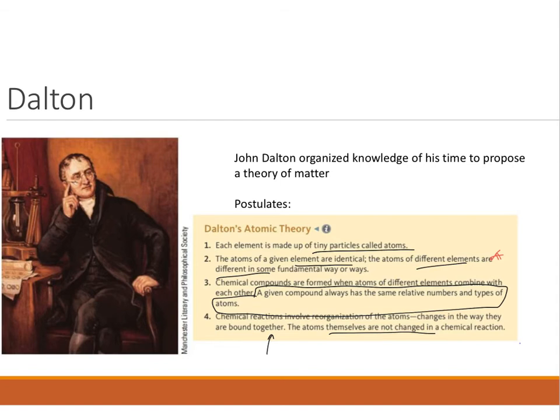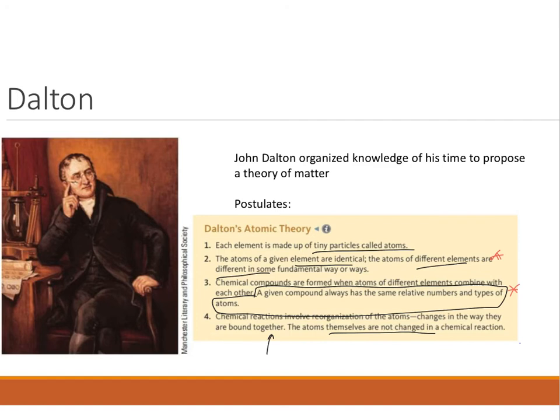So that one has fallen out of disfavor. There are other things such as the chemical compounds, the same relative number and types of atoms. There are things called non-stoichiometric compounds, which sort of break the rules a little bit that Dalton proposed, but as a basis for starting chemistry, very important.